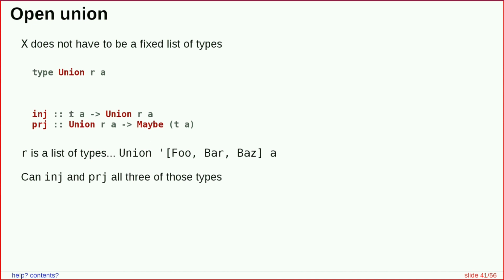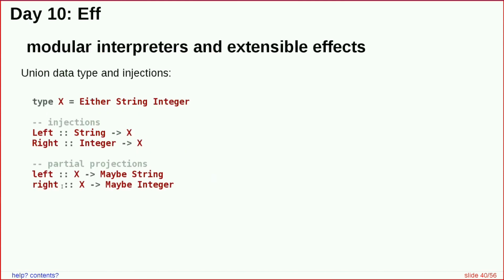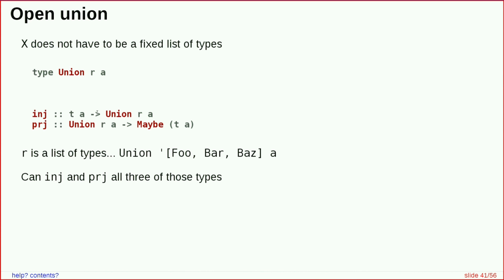Okay, so whatever type you give me, if it's in this list, I can give you a value of that union type. Okay, and maybe I can project them back out again if they exist. So that's why I had stuff that looks a bit like this. We've got injections and projections, and here we have a single injection function and a single projection function.